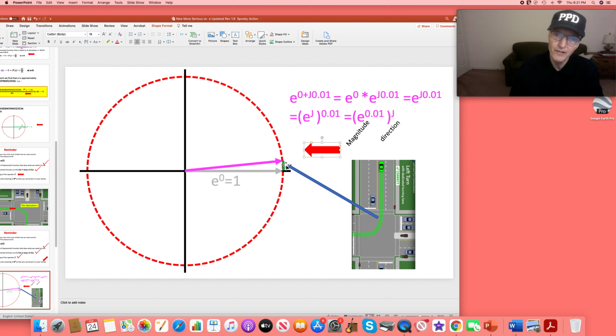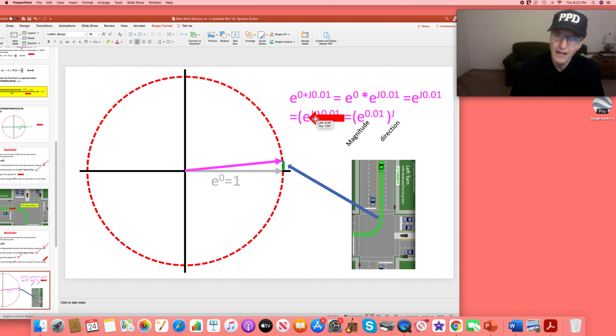And notice that it's going along a circle. That's interesting. That is very interesting. So notice I've got e to the 0 plus j 0.01, and we know it's equal to that, and then we get e to the j 0.01.